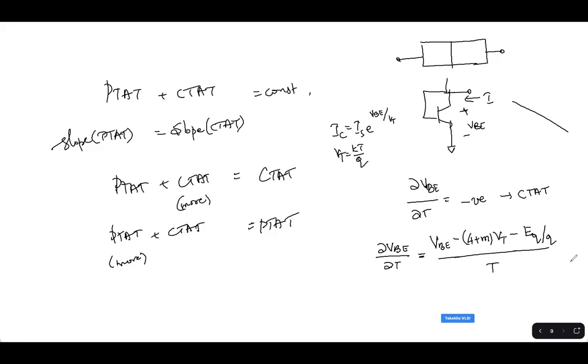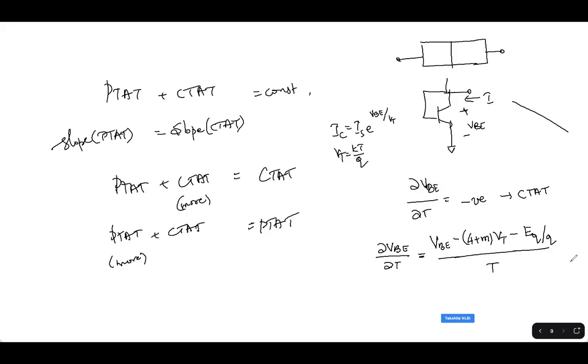Now, I mentioned that del VBE by del T is a constant, negative number, which makes VBE a CTAT voltage.